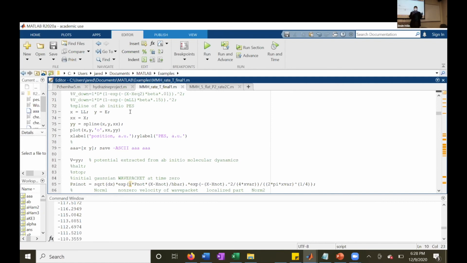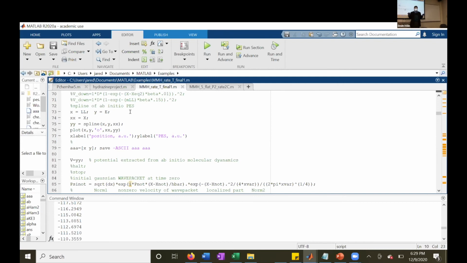There are maybe like 40 points. And for quantum dynamics to work reliably, one needs several hundred points in the area of definition. So one uses the spline, fills the gaps by interpolation formula, and develops a continuous potential as a function of your reaction coordinate.